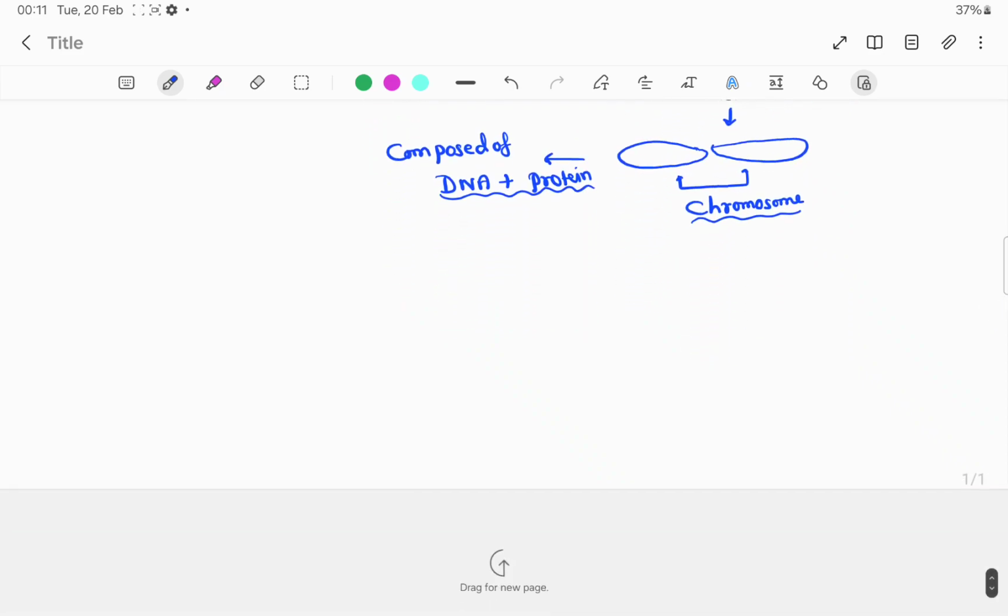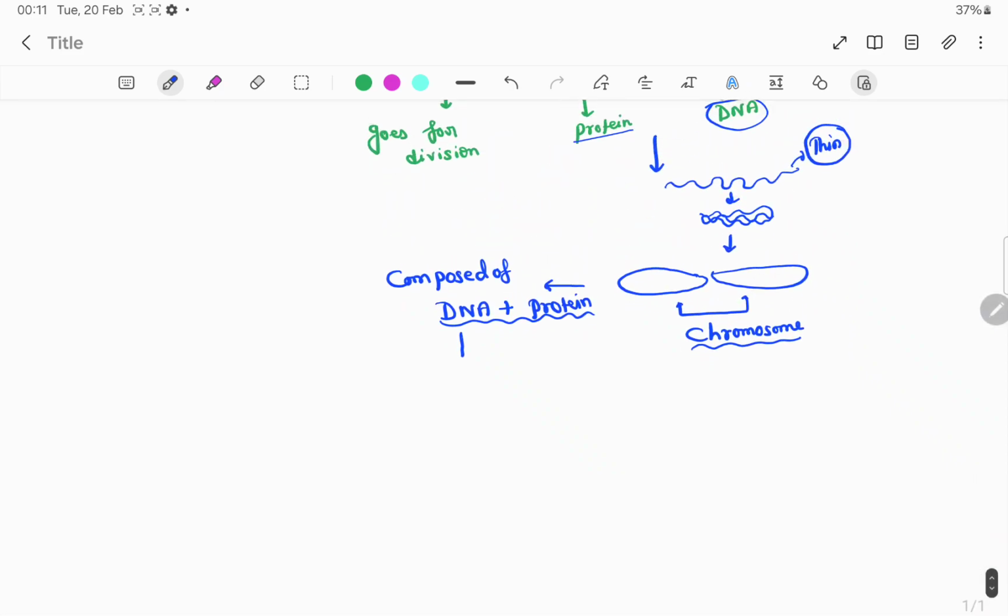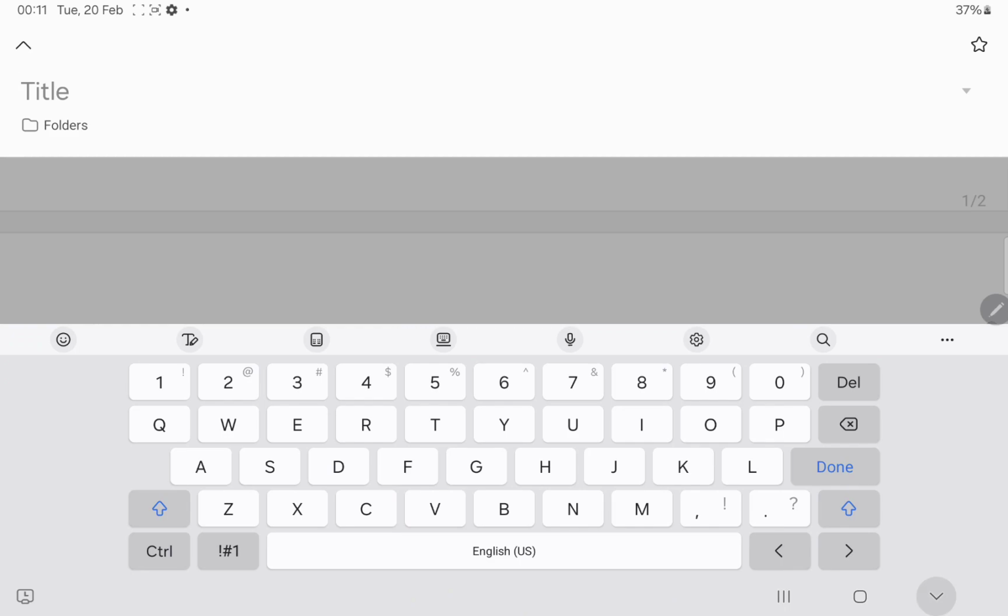Clear? Now let me discuss this DNA a little bit, very little bit. So what is the full form of DNA? We know these things.